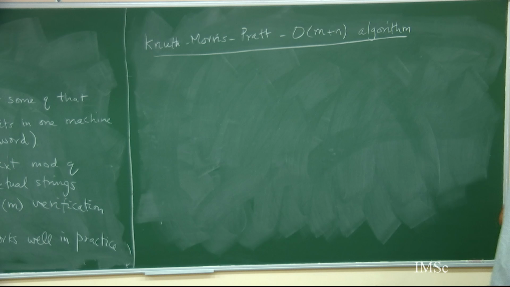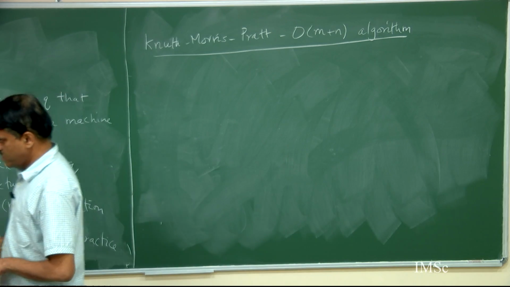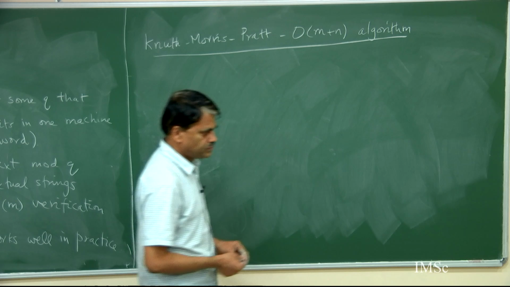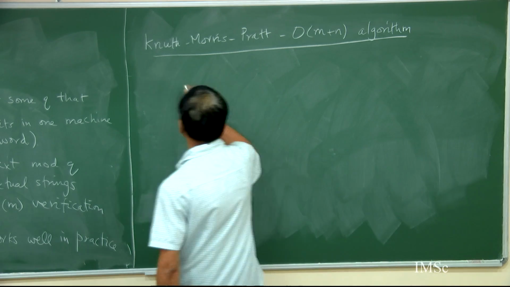This is very similar to the automata based algorithm, but somehow we do not spend order m sigma for computing the automata, but more or less we compute something similar, but in order m time. So, let me just again use an example A, B, B, C.